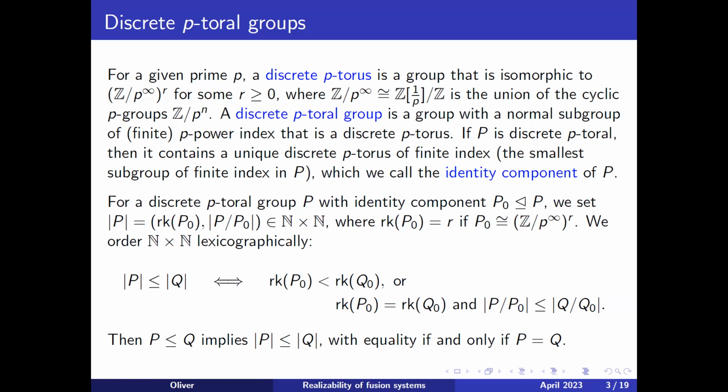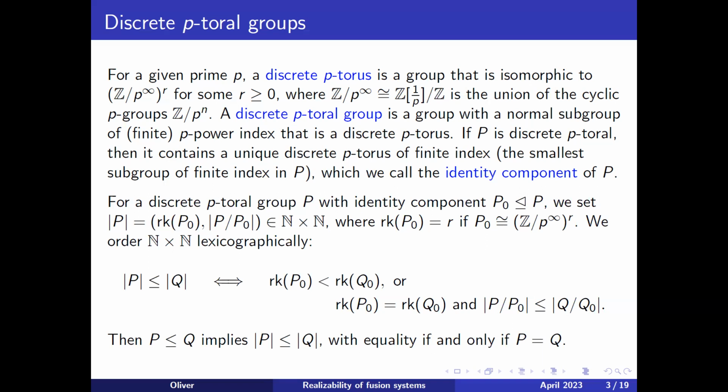The identity component is given, and we can define its order as a pair of natural numbers: the rank of the discrete p-torus and the index of the discrete p-torus inside of P.